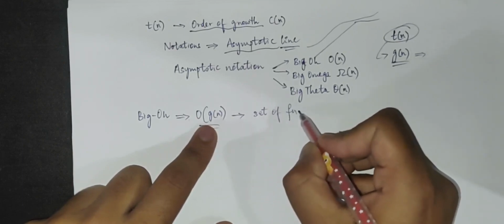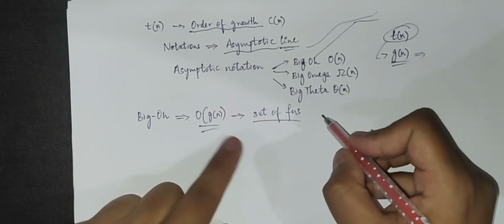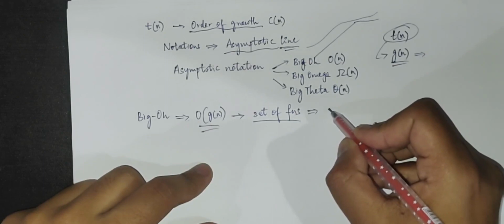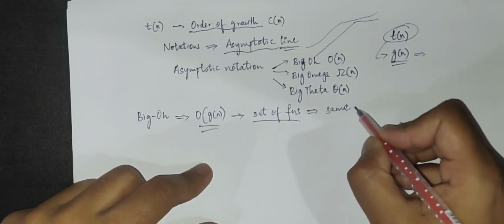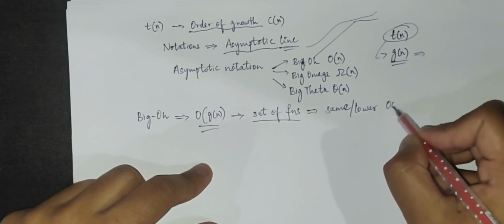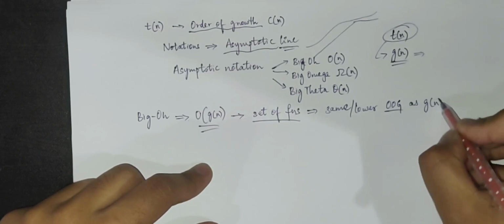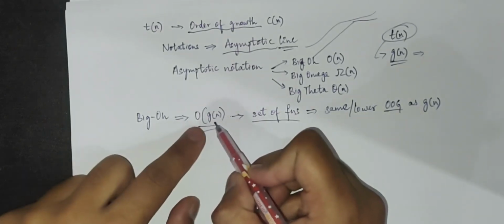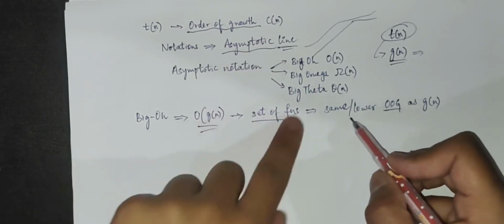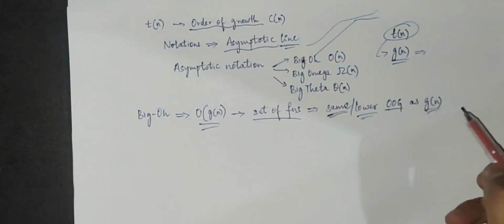This should be a set of functions which have the same or a lower order of growth as g of n. So big O of g of n means it is a set of functions, and all these functions would have the same or lower order of growth as g of n.